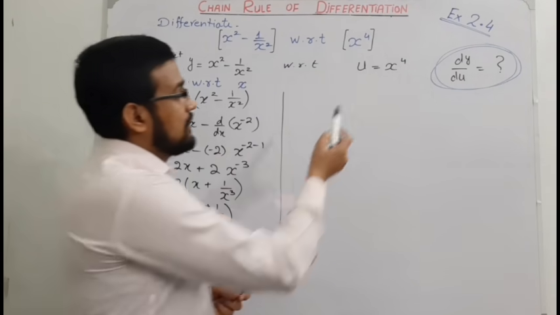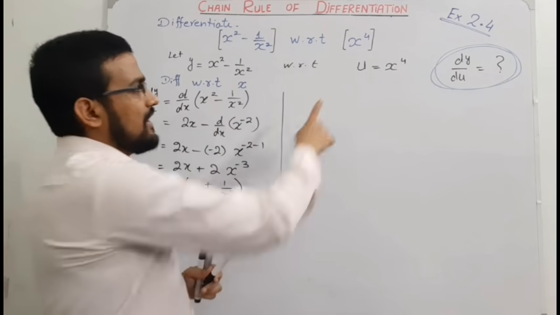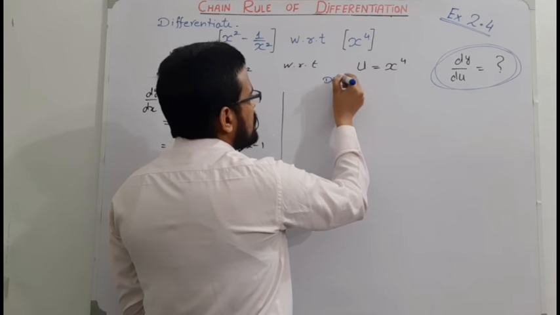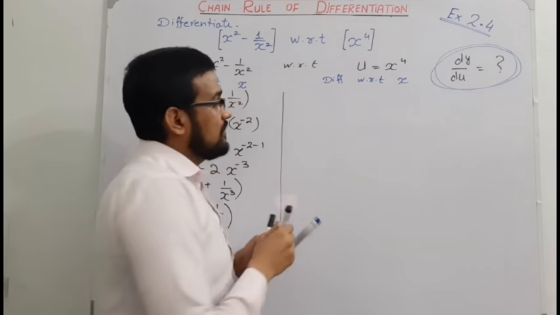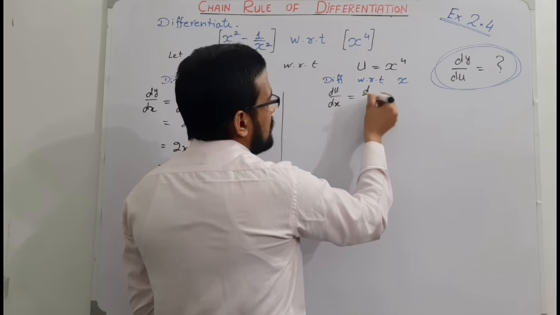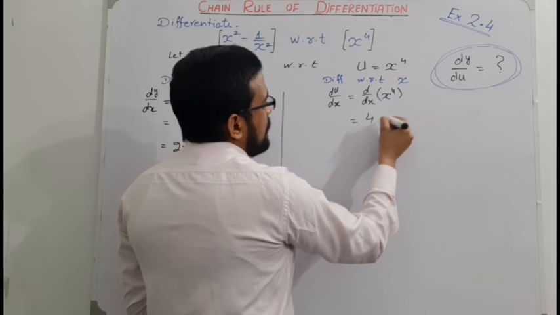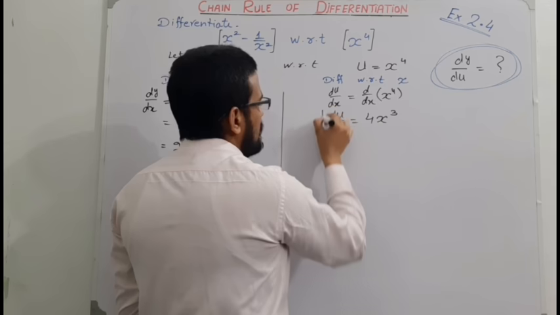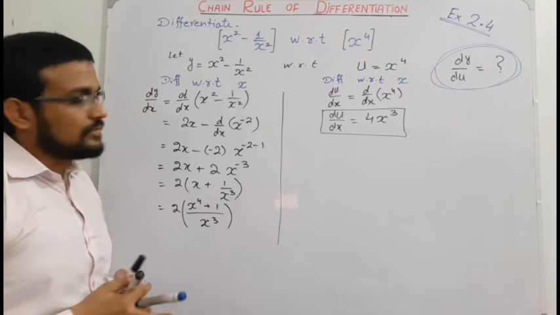Now here u is equal to x raised to power 4. u is dependent and x is independent, so differentiate with respect to x. du over dx: x raised to power 4, according to the power rule, becomes 4x cube.